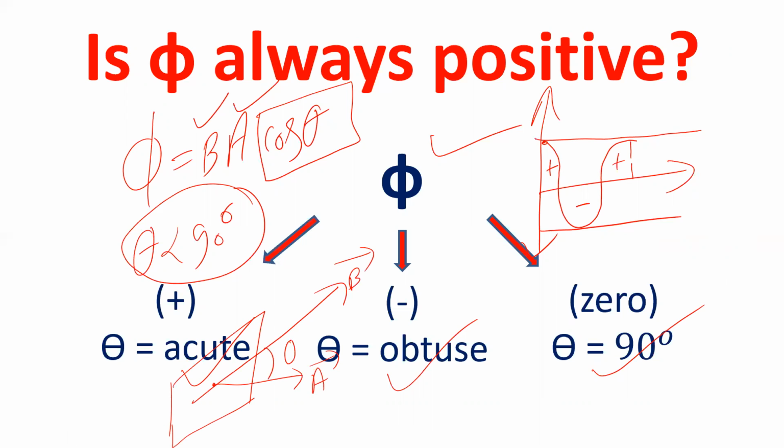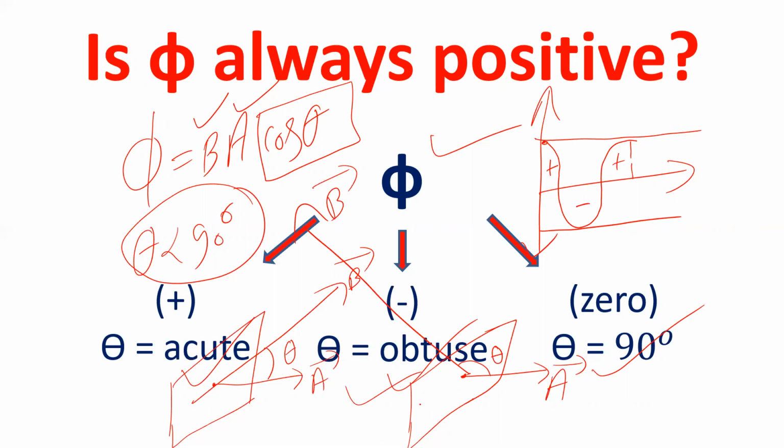Now this angle is theta, acute. Then we will have a positive flux linked with that surface. Let us take an example. Suppose this is the area vector, and we have the magnetic field like this. The angle should be measured between the B vector and the A vector, as you know. So theta is obtuse, in the sense greater than 90 degrees. So we will have a negative flux linked with the surface.